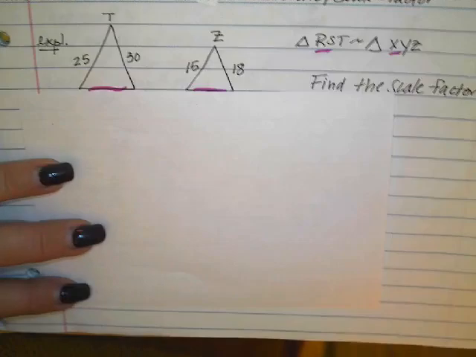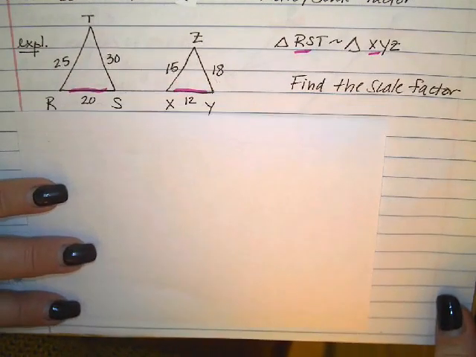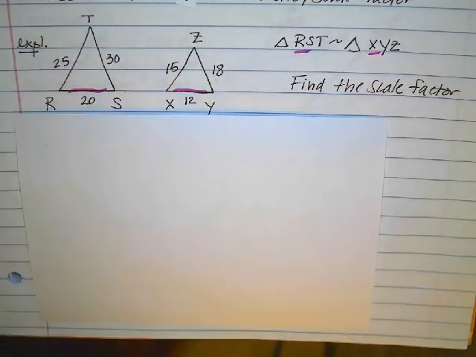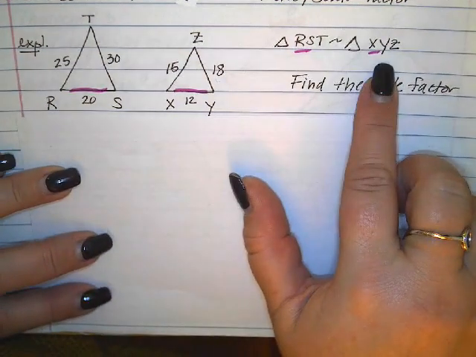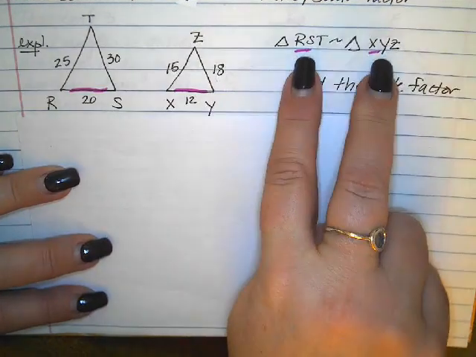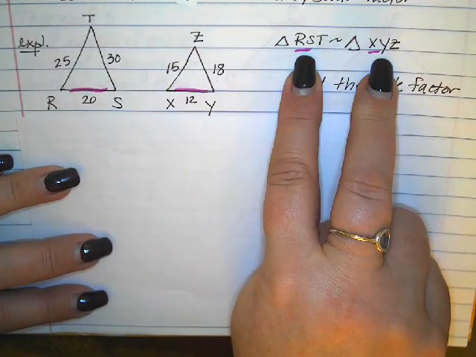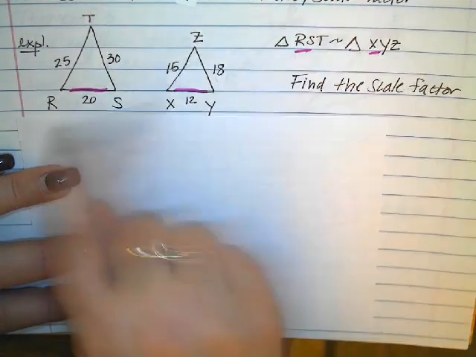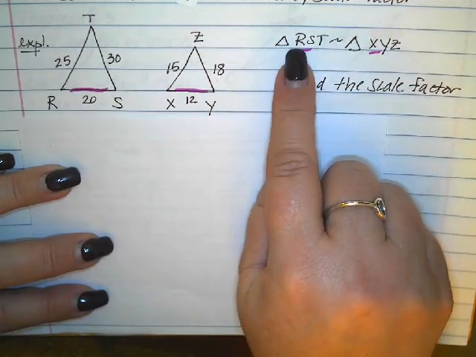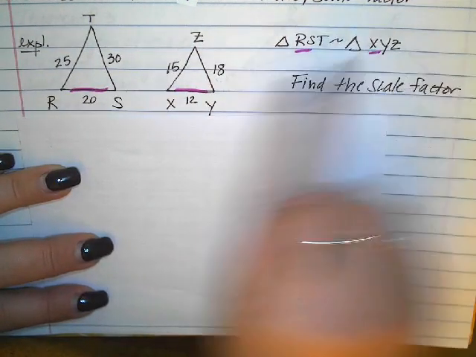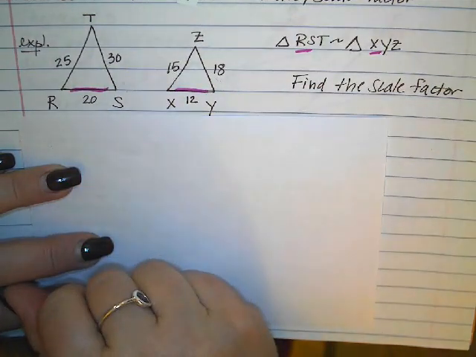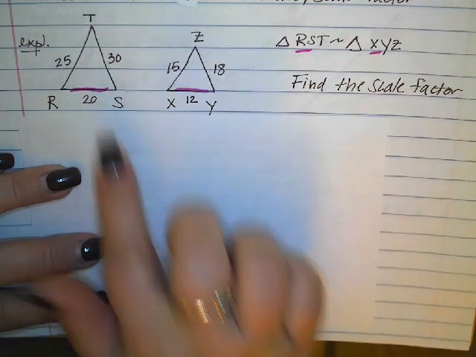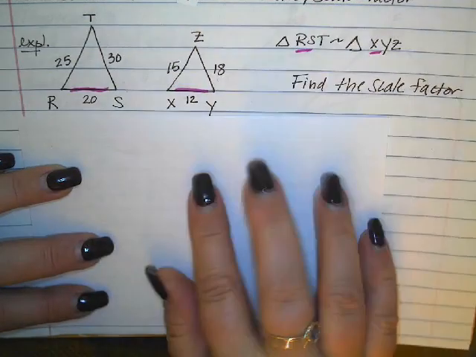An example that you can see is here. I have two triangles, and we're seeing that triangle RST is similar to triangle XYZ. And because of the similarity statement, now I can go with matching pieces. So for instance, angle R is in the first position. Angle X is also in the first position, so I know R and X would be corresponding or matching there. So what I'm going to do is try to find some matching parts, matching pieces.